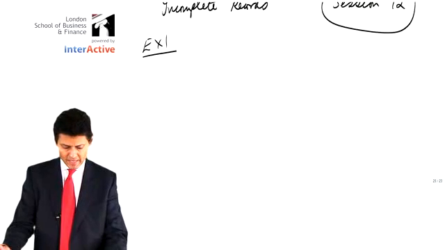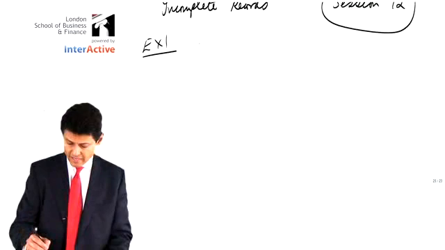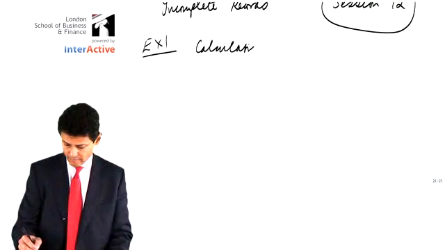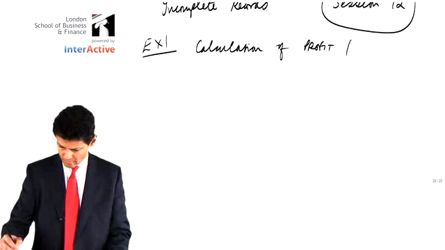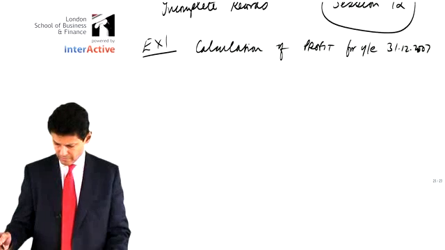Calculate the profit for the year ended December 2007. Obviously you have to work backwards. So let's do precisely that. Calculation of profit for year ended December 2007.